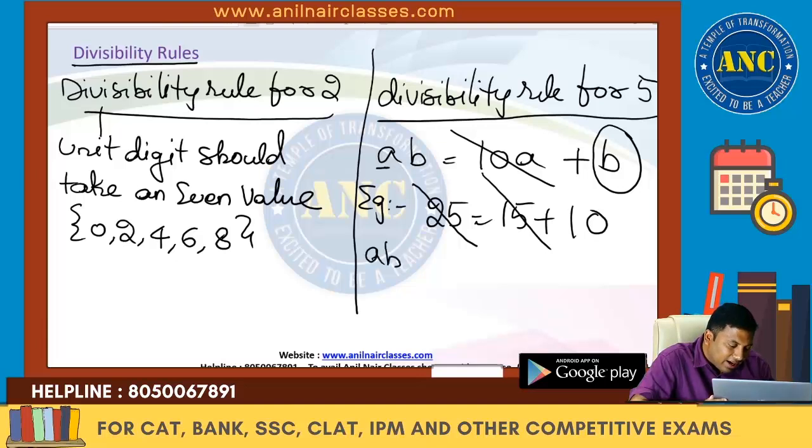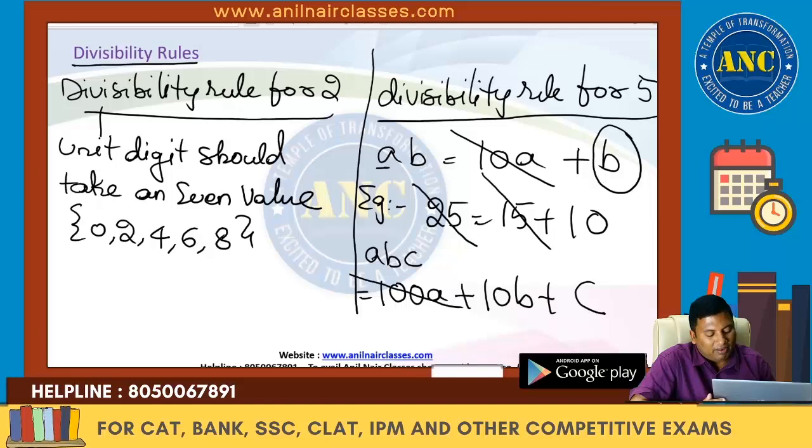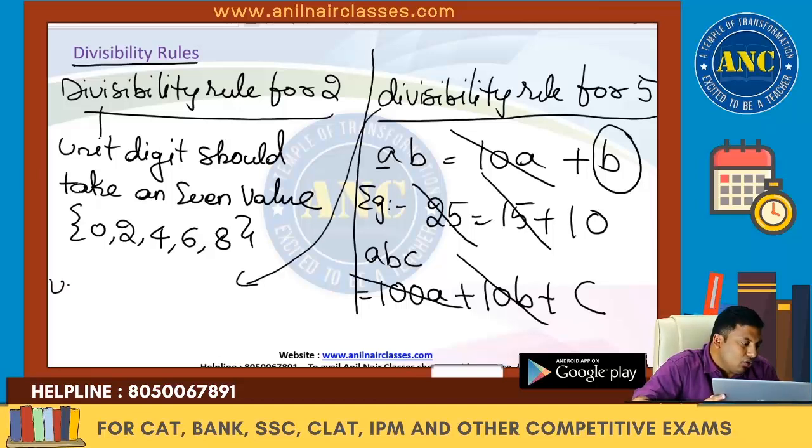Even if I take a 3-digit number, A is there in the hundreds place, 100A plus 10B plus C. 100 is divisible by 5, 10 is divisible by 5, C should be divisible by 5. That means the divisibility rule for 5 is that the unit digit should be 0 or 5.